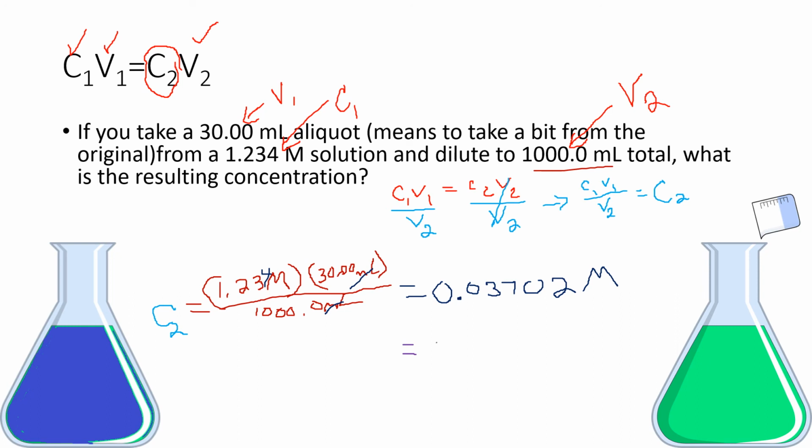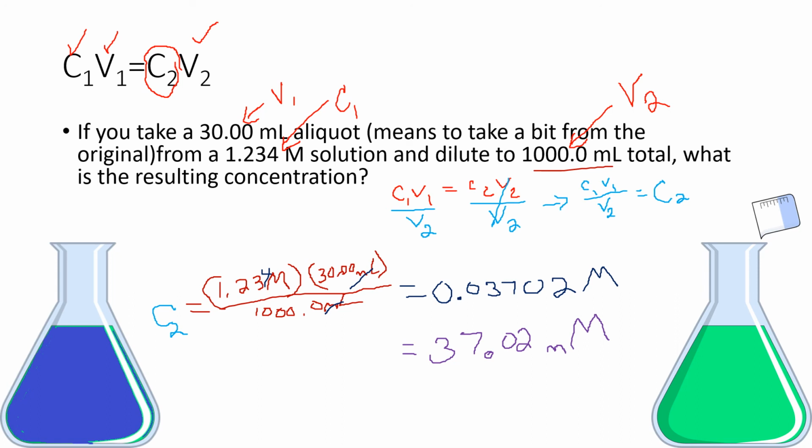So that is 37.02 millimolar, right? 37.02 times 10 to the negative third molar. 37.02 millimolar, or 0.03702 molar. All of those are precisely the same answer.